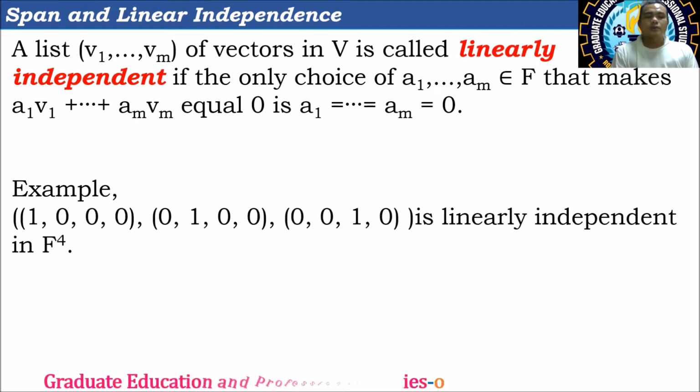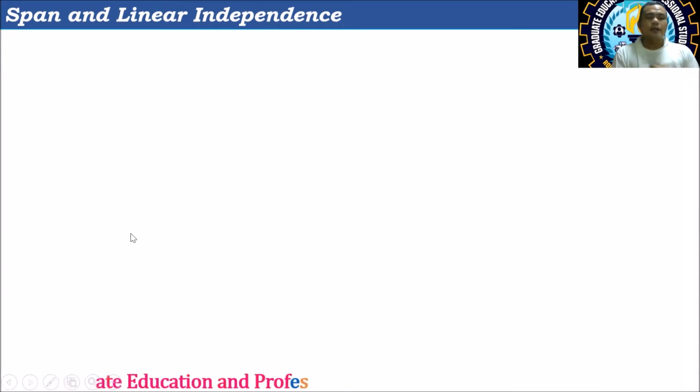For example, we have a list of vectors in F4, and if you observe, these three vectors are linearly independent in F4.